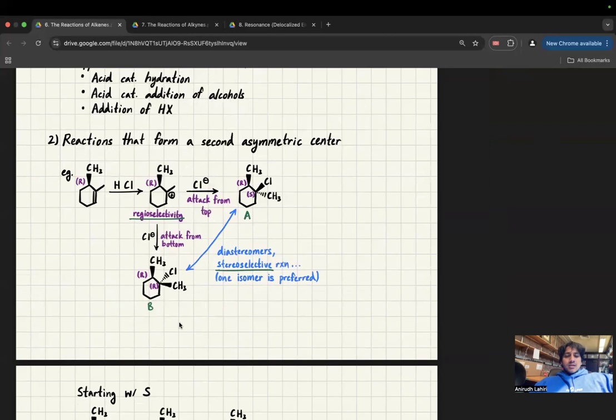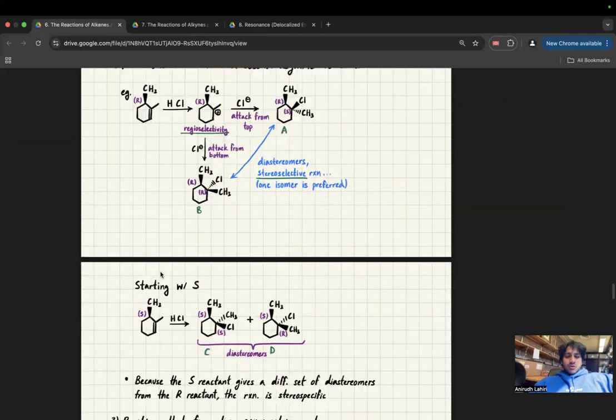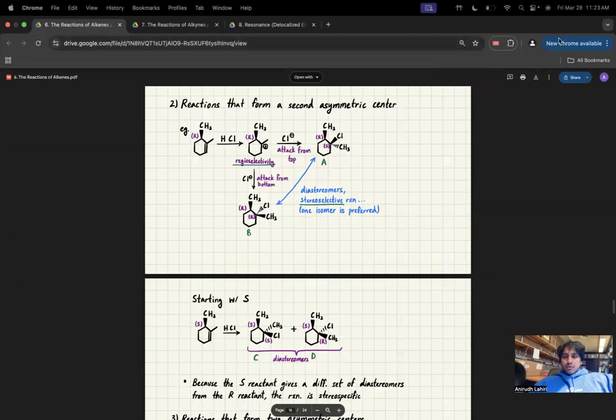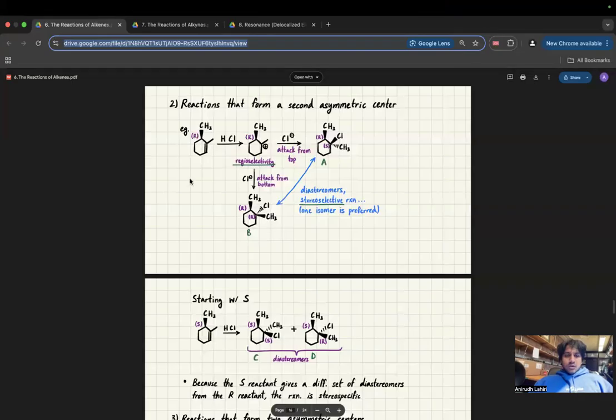Reactions that form a second asymmetric center. This means you start with an asymmetric center and you add another one. Let's take a look at what's going on here. We're starting with a molecule that's the same; the only differentiating factor is that this is R and this is S. This forms a different 3D structure than this.